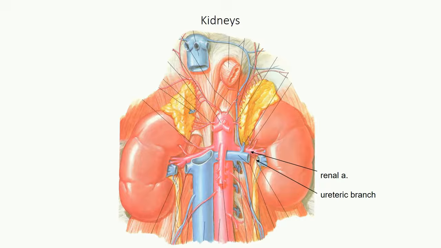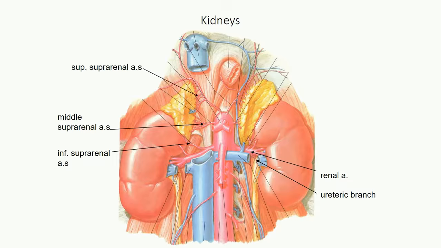We also have our inferior suprarenal arteries that will go to the adrenal glands, highly vascular tissue that come directly off the renal arteries. But these also have two other branches as well. We have middle suprarenal arteries that come off of the aorta, and superior suprarenal arteries, which are actually branches off of this inferior phrenic artery that we identified a few minutes ago.